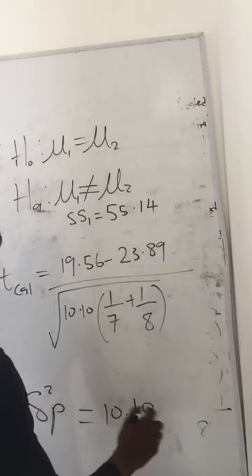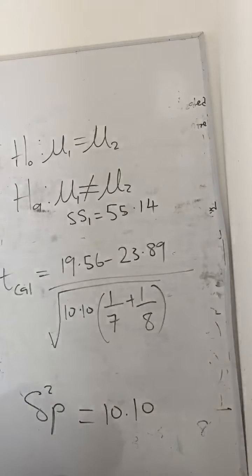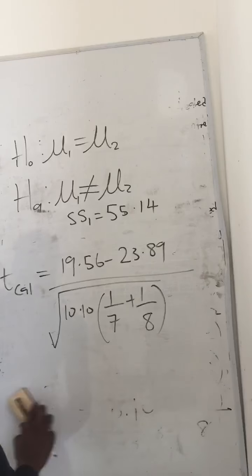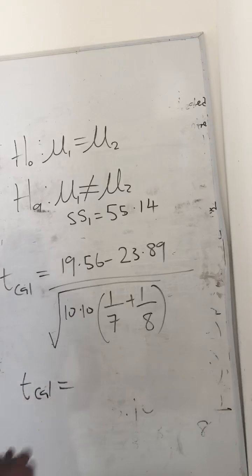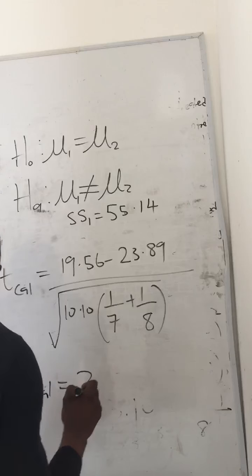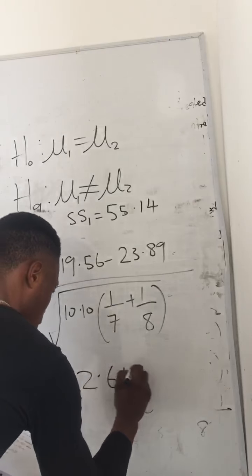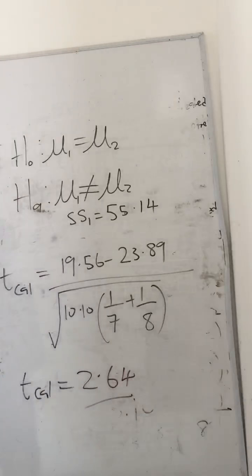Right? So our T calculated, after computing this, we obtain 2.64. So now 2.64 is our test value, the calculated test value that we obtain.